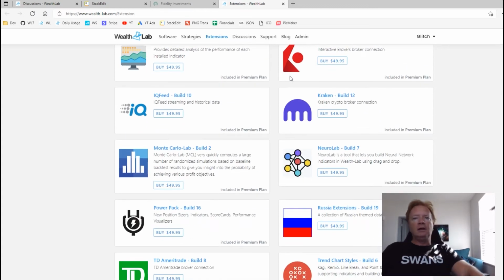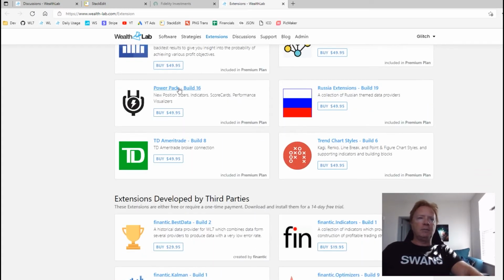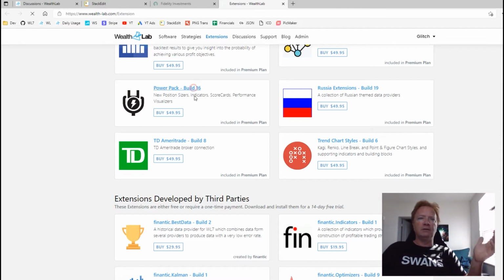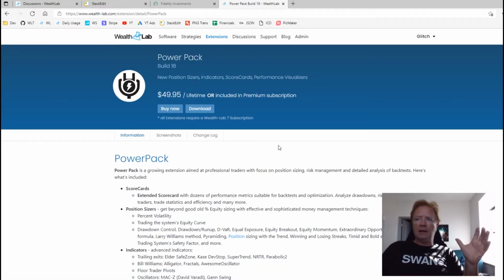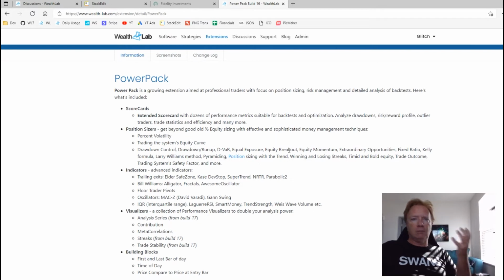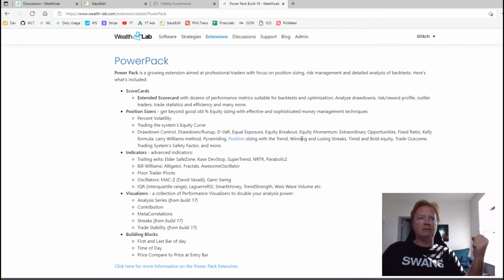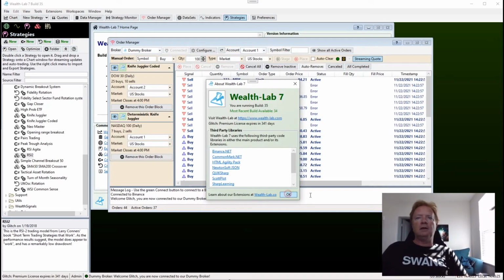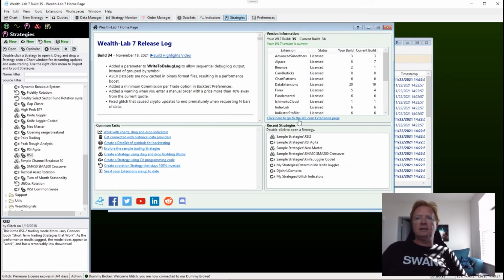The one that I'm talking about now is this Power Pack. It contains position sizers, metric scorecards, and performance visualizers. So a lot more features to get more power out of your Wealth Lab 7. Let's go back and take a look at what is in the new Power Pack.